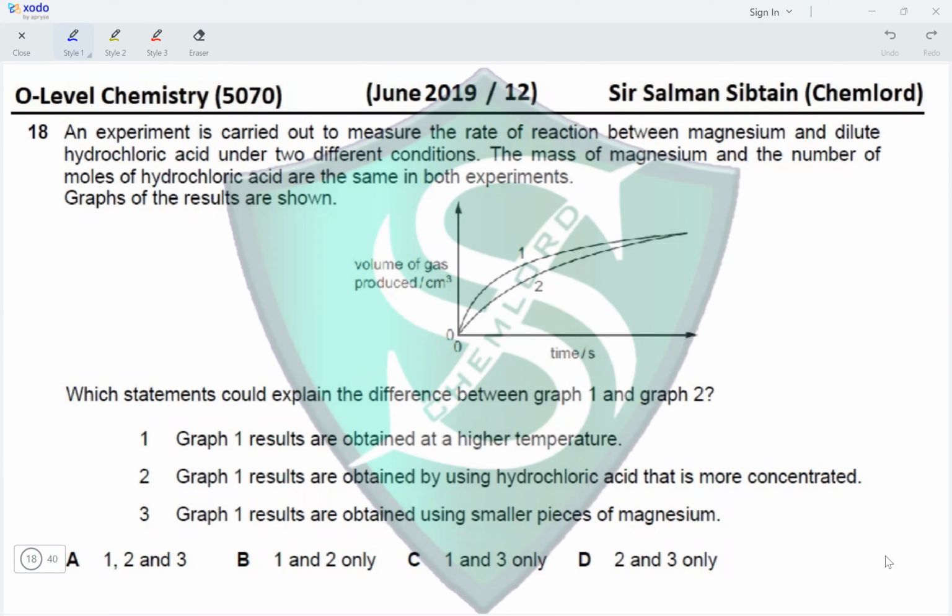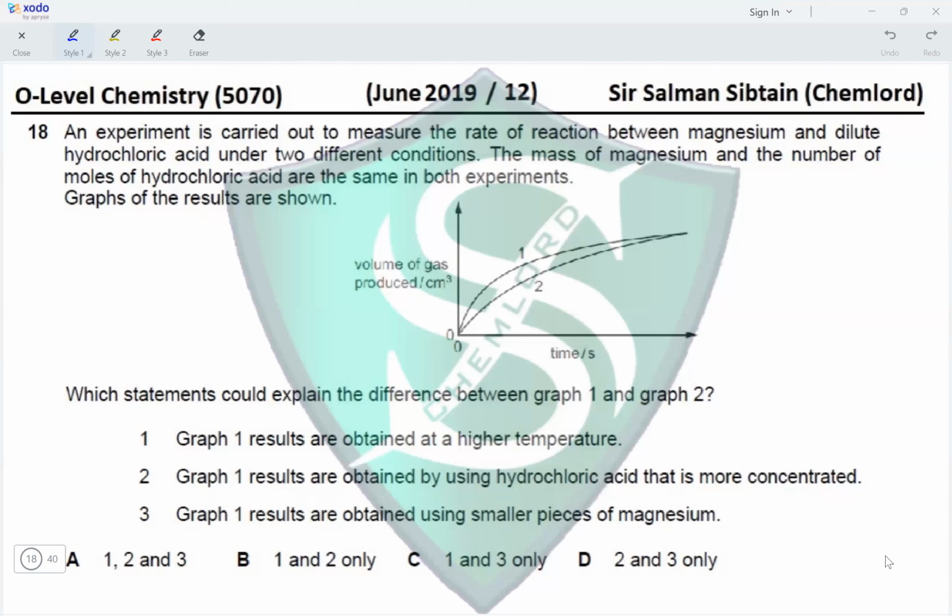Okay, graph of the results are shown. 1 and 2 produce the same volume of gas, but 1 produces it more quickly than the second one in a given time. So experiment 1 is relatively faster than experiment 2, but there is no change in the volume of gas produced because the moles of the acid and the mass of the solid are the same.